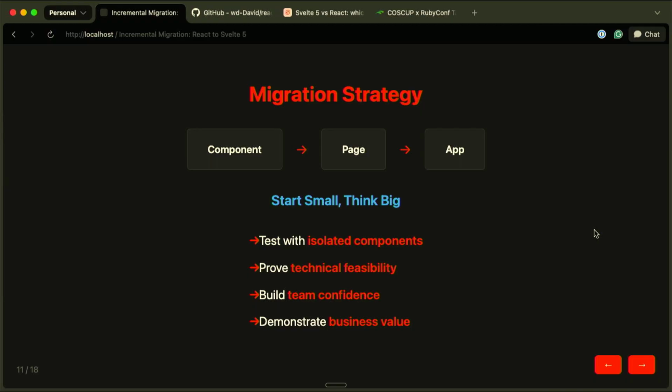We find something less critical and start the incremental migration. The component only took us a couple of days to finish, and a page probably takes a month. Once we become more proficient at writing components alongside each other, we pull the trigger to say, let's do something big.